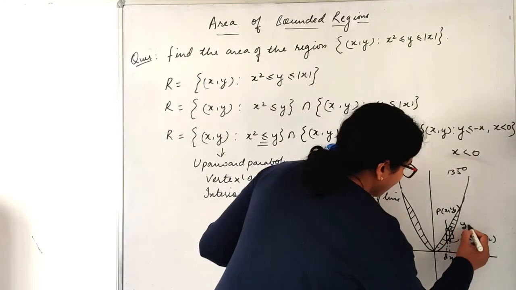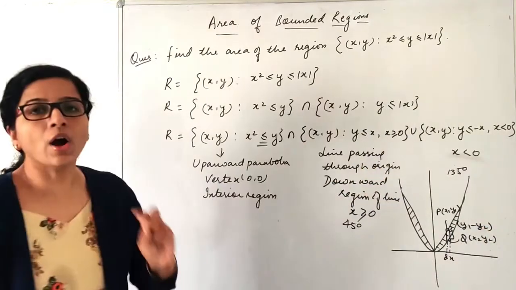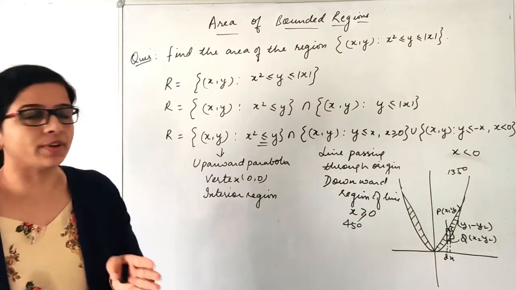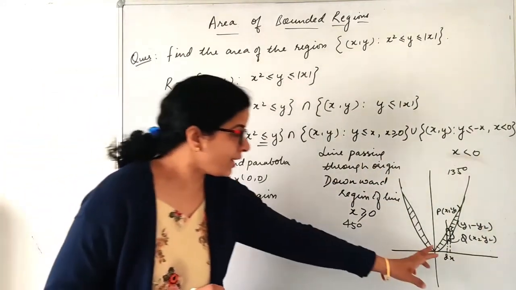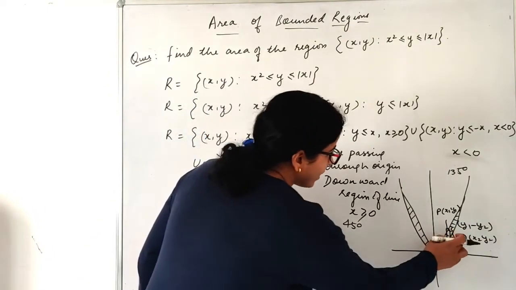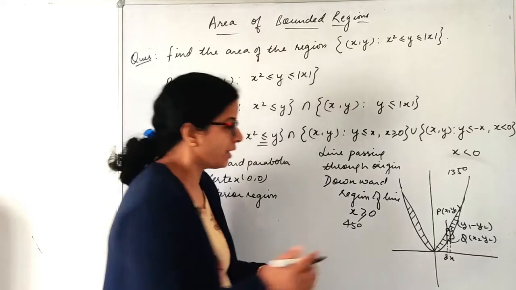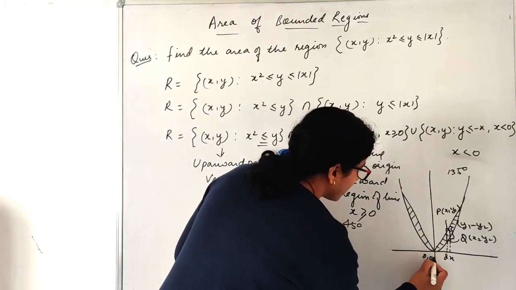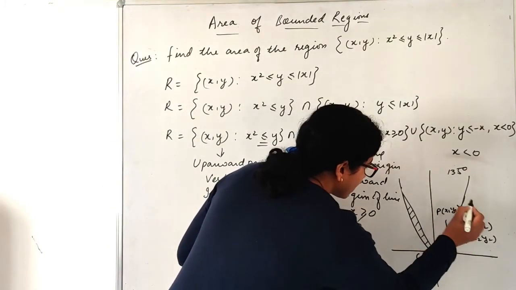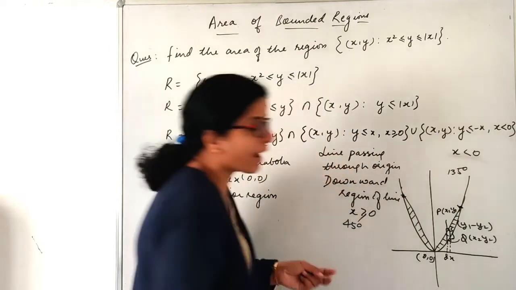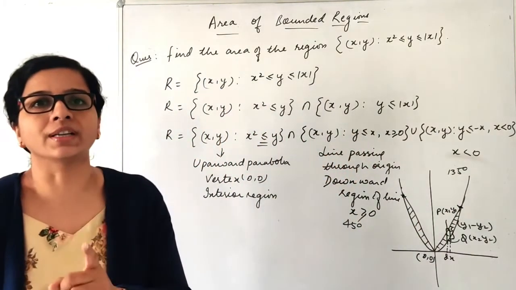It will be y1 minus y2. Correct? Now to find the area, from where to where this strip will move, I need my points of intersection, right? This will be (0, 0), but I don't know this point and this point. So I have to find the points of intersection, right?